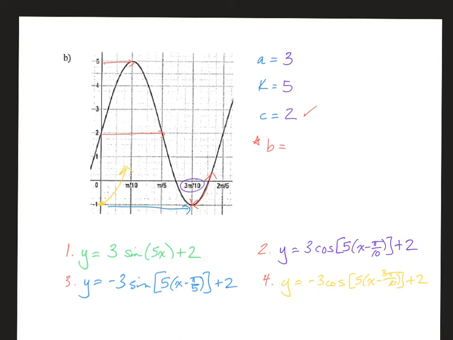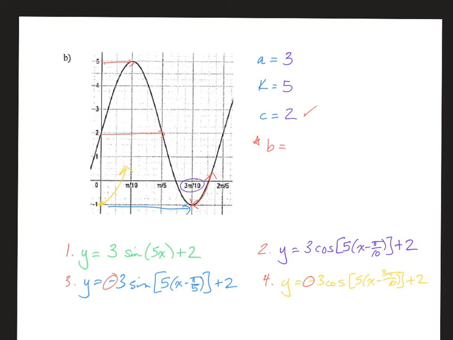Now, I also want you to notice that both equations 3 and 4 require a reflection in the x-axis. But somehow in my mind, a reflection is less work. Flipping your curve or reflecting it in the x-axis seems like less work than physically pushing it to incorporate a phase shift. I know it's weird, but in my mind, that's the way it goes.